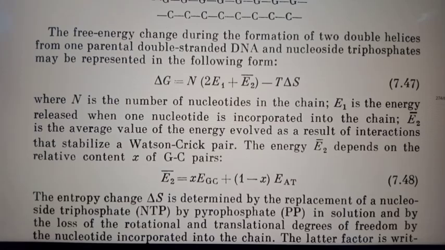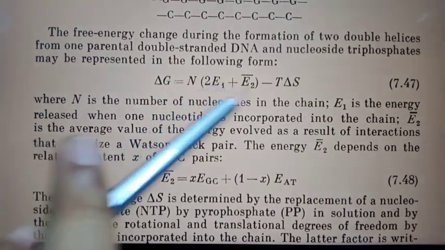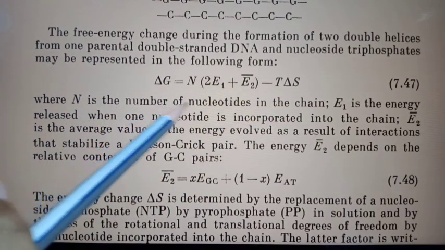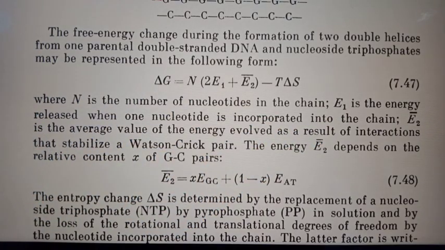The free energy change during the formation of two double helices from one double-stranded DNA particle and the nucleoside triphosphates may be represented in the following form: delta G equals this, where N is the number of the nucleosides in the chain, E1 is the energy released when one nucleotide is incorporated into the chain, and E2 is the average value of the energy released as a result of interactions that stabilize a Watson-Crick pair.